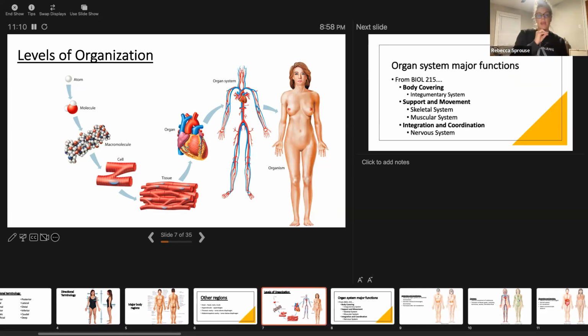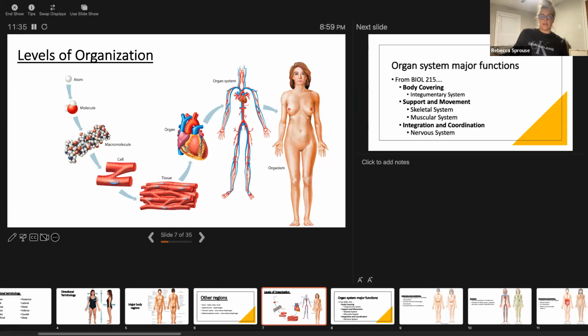But we have to think about what cells are made of, and they're made of things called macromolecules, which are made of molecules, which are made of atoms, which are those things on your periodic table from a chemistry course. So we have atoms or individual elements, and they are combining to form structures called molecules made up of multiple different kinds of atoms.